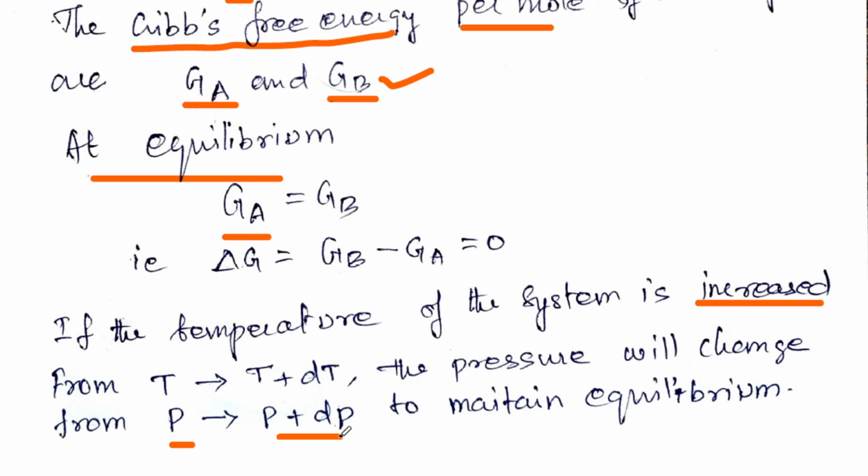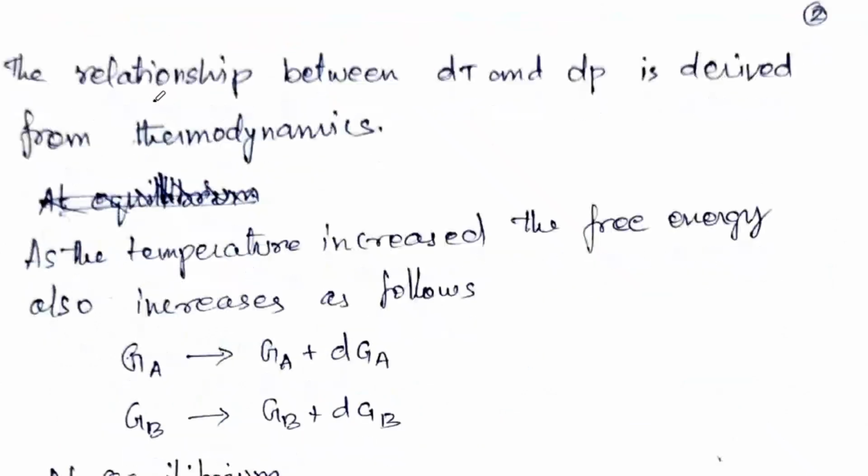This is the change of pressure to maintain the equilibrium. In this case, the relationship between dT and dP is derived from thermodynamics. Let us derive that relationship.